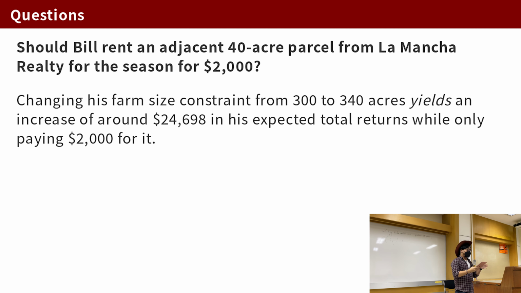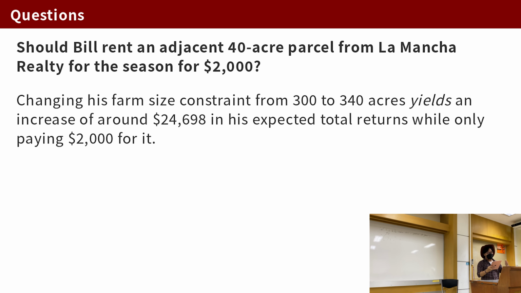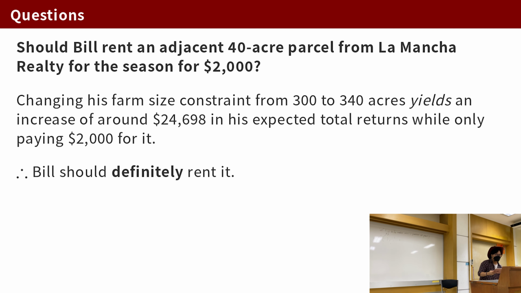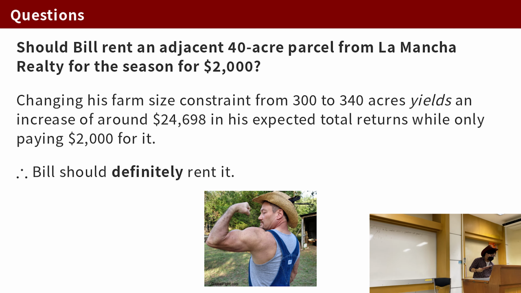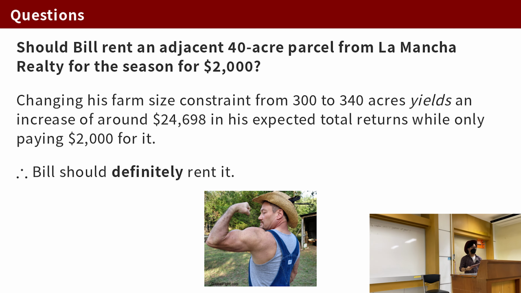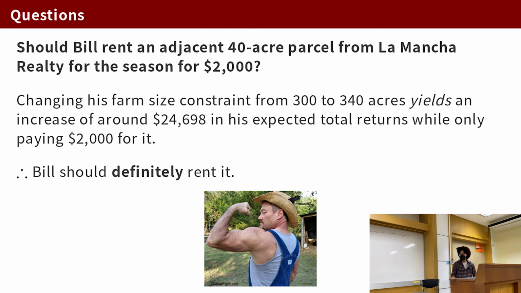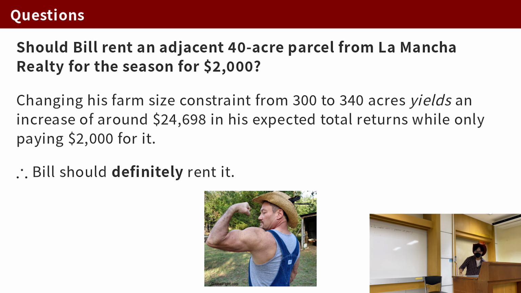So we have to resolve the problem. After solving it, we'll see that the expected return or profit will go up by almost 25 grand. And he's only paying $2,000 for it, so he should definitely do it. Apart from that, the 40 acres will make him stronger because he has to spend all that work on the land. So yeah, Bill's strong.